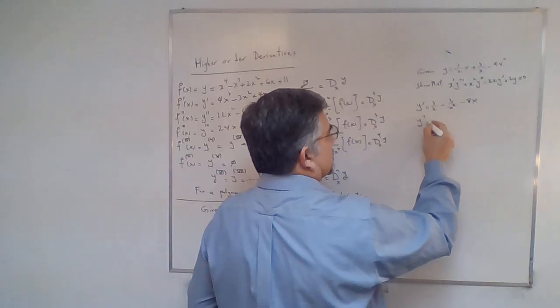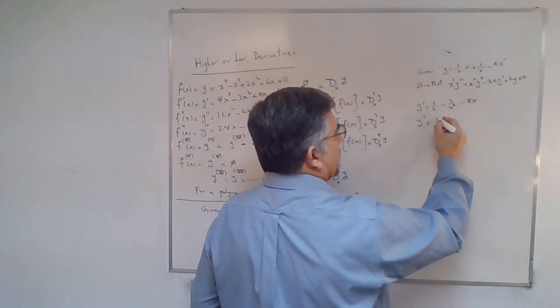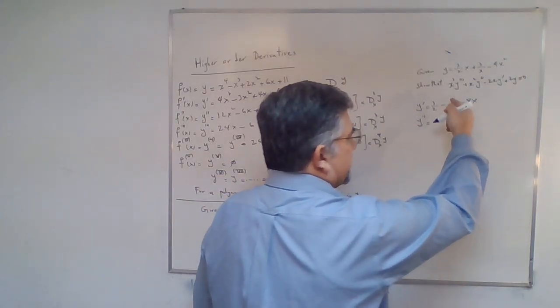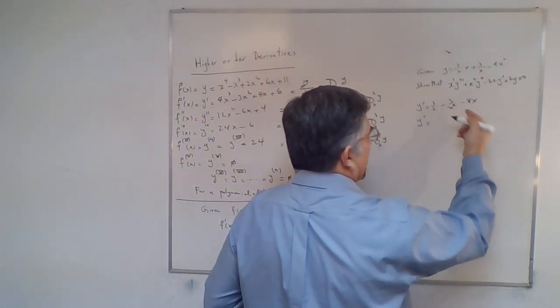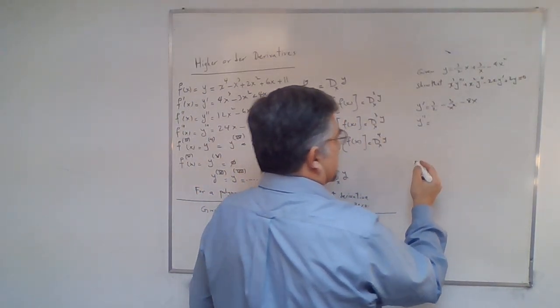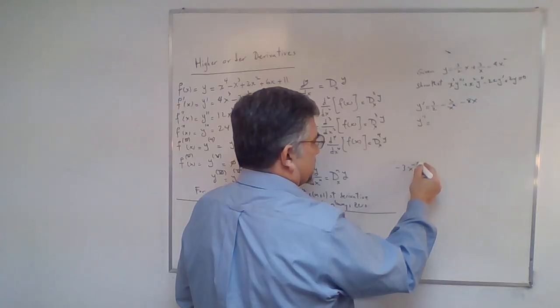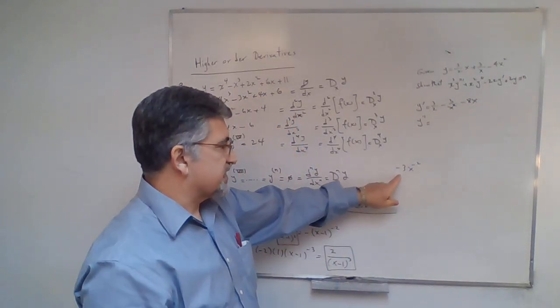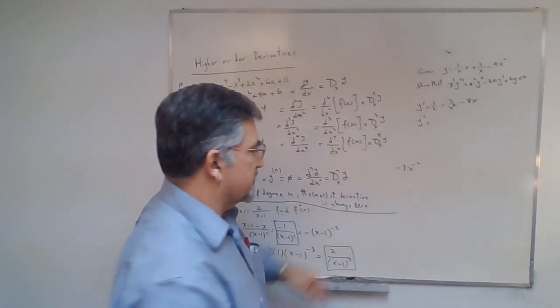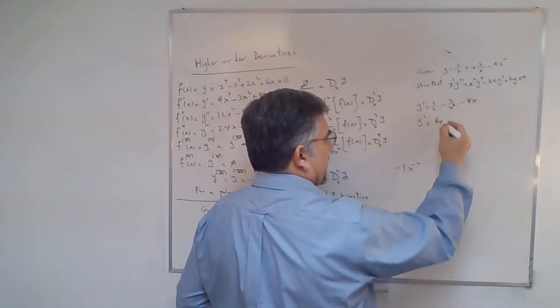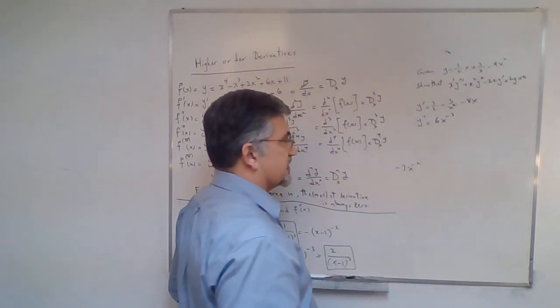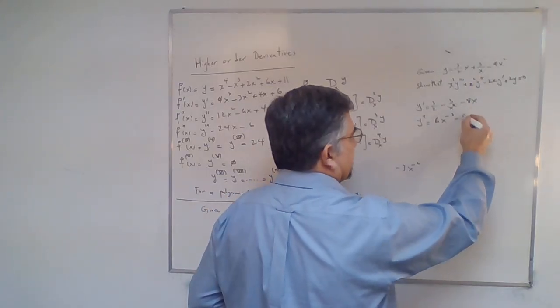And then the second derivative would be the derivative of negative 3 over x squared. If you rewrite this as, let's say, negative 3x to the exponent of negative 2, then what is the derivative of this? It's going to be 6 times x to the exponent of negative 3, basically. And the derivative of that would be negative 8.